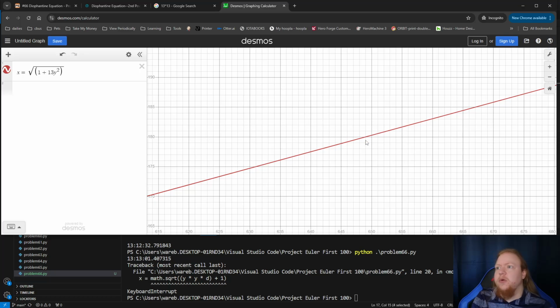There, 649. But how do we get there from 13? Especially programmatically, how do we know to get there?